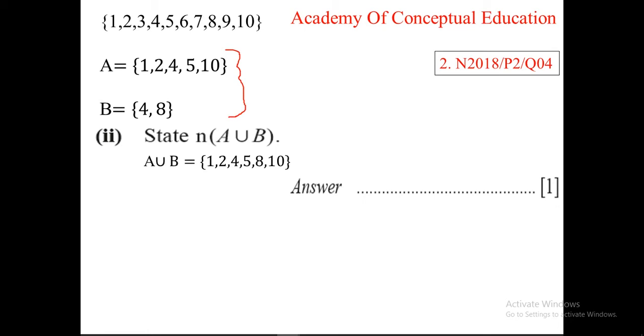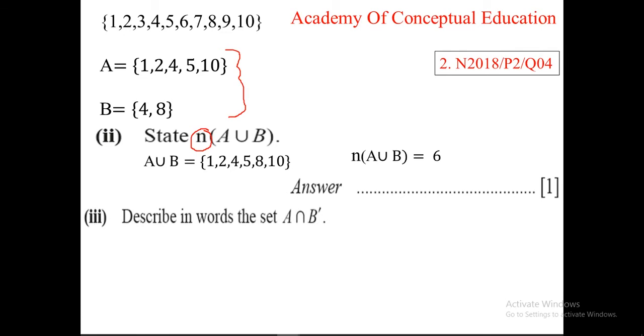But the important point here is that the question is not to find A union B. The question is the number of elements of A union B. So we have to count these elements: 1, 2, 3, 4, 5 and 6. So the number of elements of A union B will be 6.